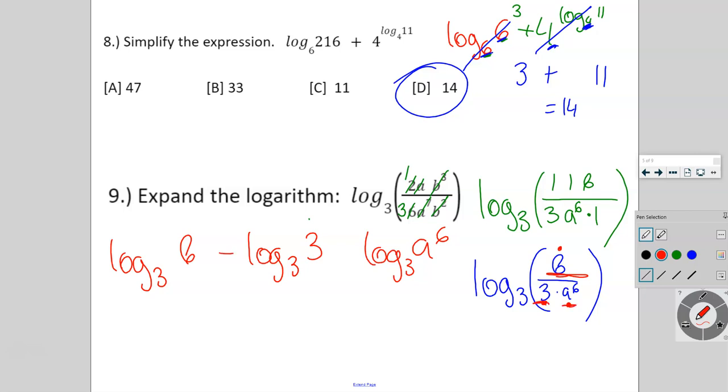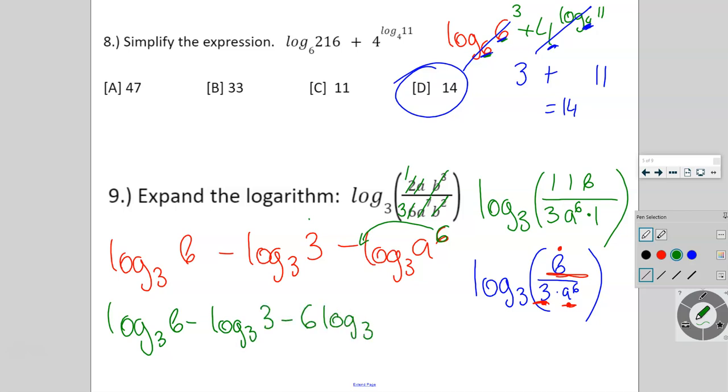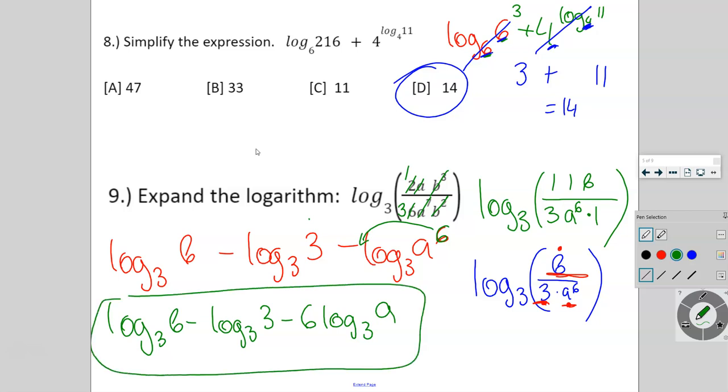So negative log base 3 of 3 and negative log base 3 of a to the 6th. And lastly, of course, we can't forget that this 6 is an exponent, so it has to go to the front and become a coefficient. So log base 3 of b minus log base 3 of 3 minus 6 log base 3 of a. That's my final answer.